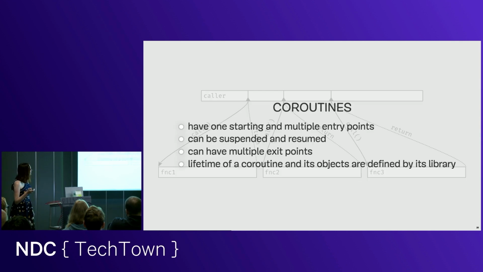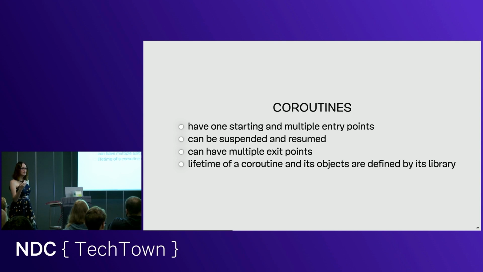But yeah, coroutines still have only one starting point, but multiple entry points, because you can suspend them and resume them again, and you can continue in the code which is there. And they can also have multiple exit points like a function. But the lifetime of the coroutine itself is defined by the author of the library, because your coroutine can have the lifetime of the caller, same as a function, but it can be a long-lived task living in the background. It can be some service which communicates with other coroutines.